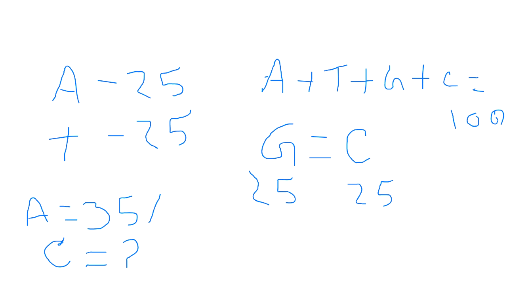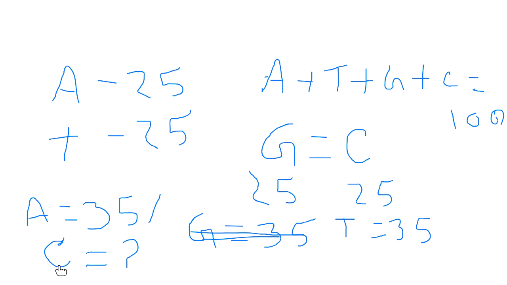Okay, let me explain. If A is 35, that means... I am sorry, I made the mistake, T. A is always equivalent to T, so T is 35%. So A is 35% and T is 35%.